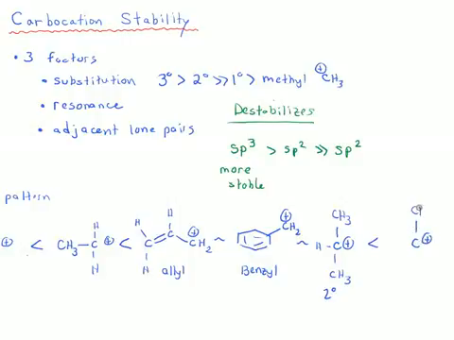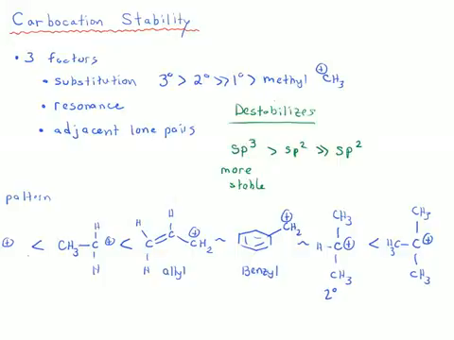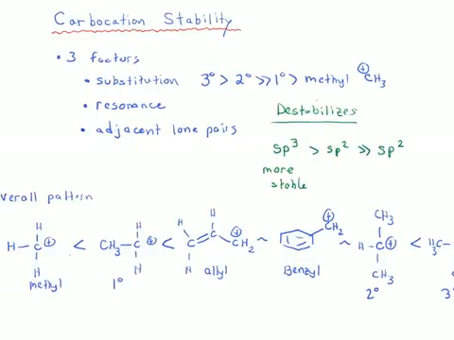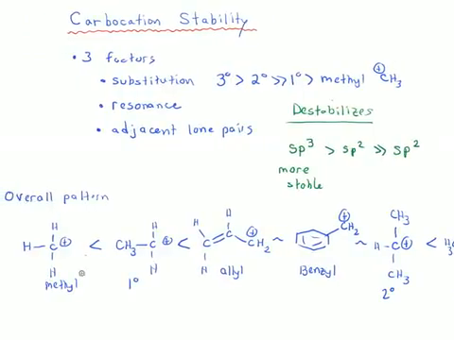So CH3, CH3, CH3. Okay, so this is the general pattern: tertiary, secondary, primary, and methyl. Now, there's two other things that should be put in here as well, and this is very important.